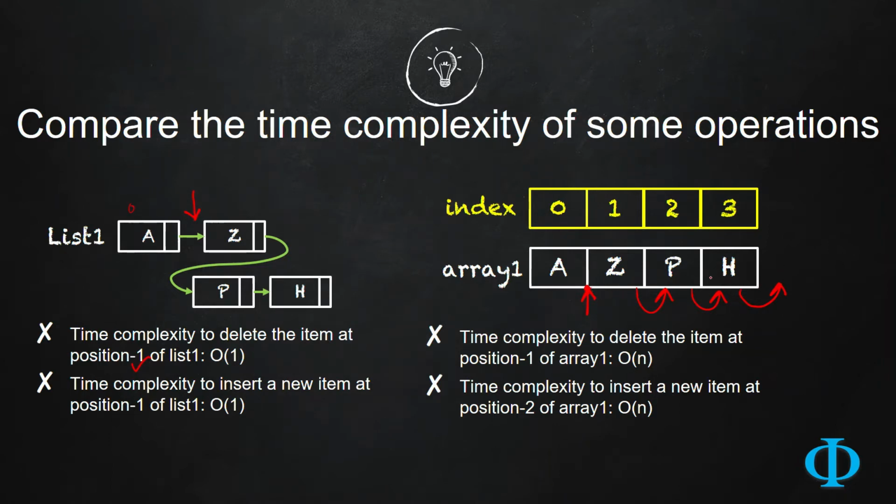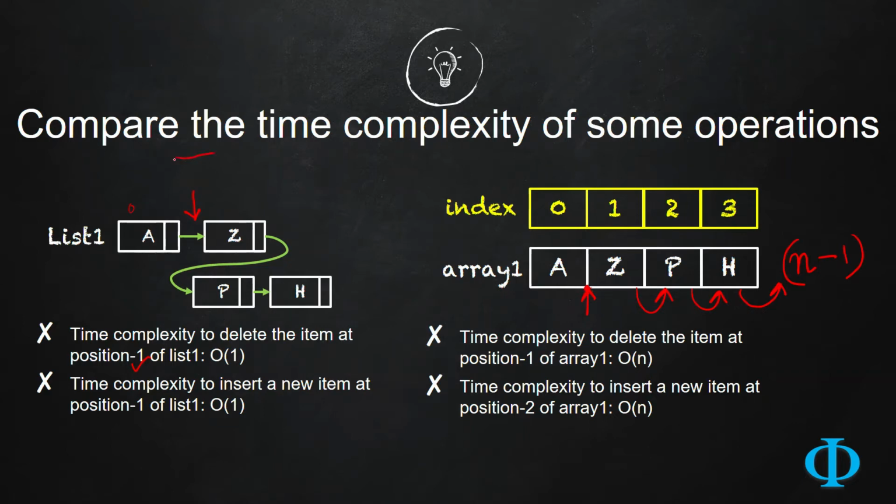So if there are n number of elements in the array, you have to do n minus 1 number of right shift operation. However, if you see the linked list, you really do not need to do any right shift operation here.